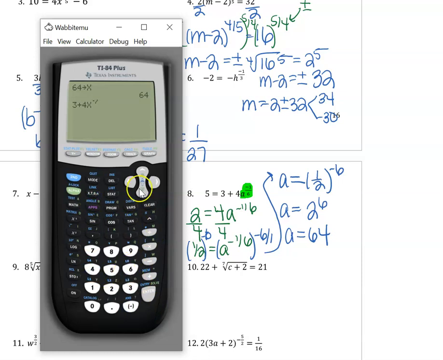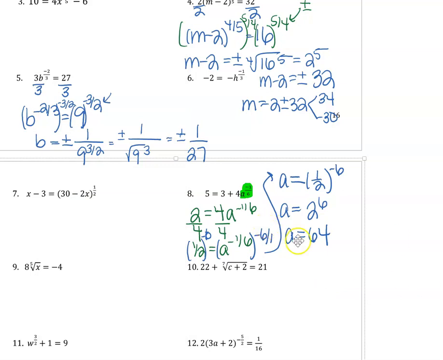Let's see what happens. And I get 5, which is what I'd hope it would do, and that checks.